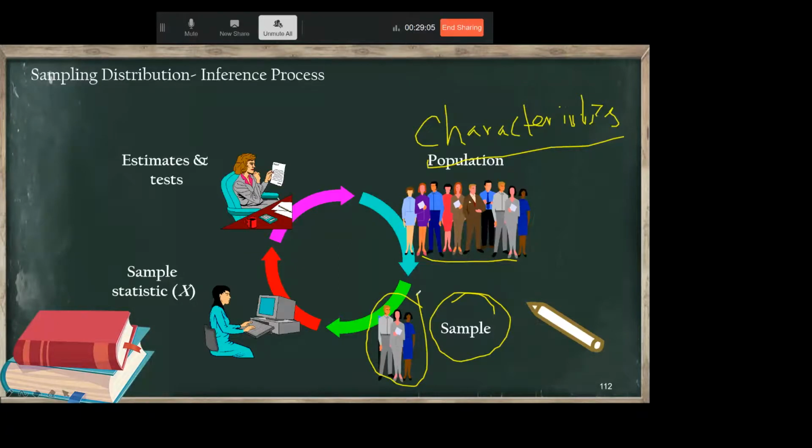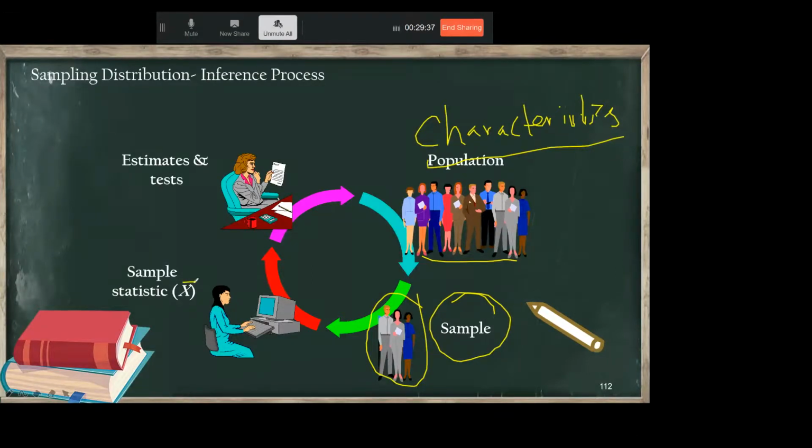Once we have collected the sample data, then we estimate or calculate the measurement method or draw the statistics. For example, we extract the mean of the sample data, which we also call the sample statistic X bar, right?